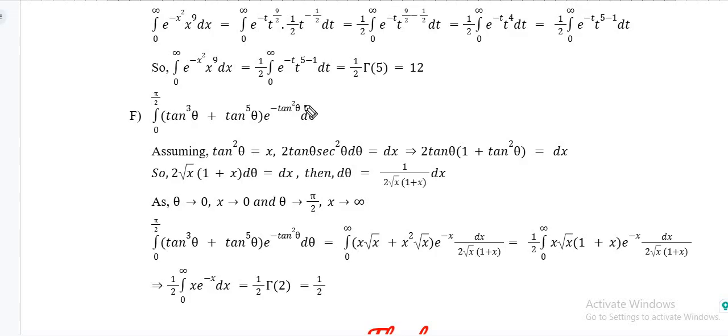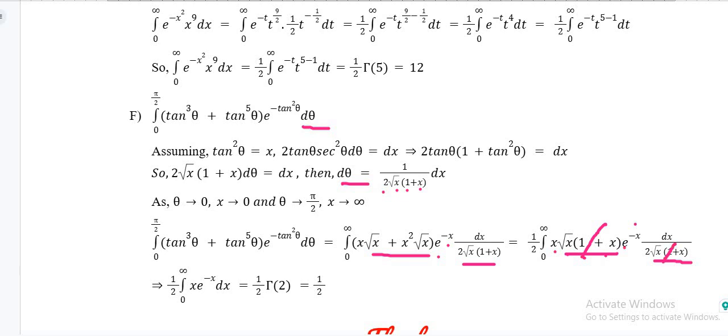And here we have considered tan square equal to x, so it simply becomes e to the power minus x. And d theta we have already calculated: it is dx divided by 2 root x (1 plus x). Now we can simplify this one. Taking x root x (1 plus x) e to the power minus x divided by 2 root x (1 plus x), you can see root x (1 plus x) is a common section, so you can simply cancel it out.